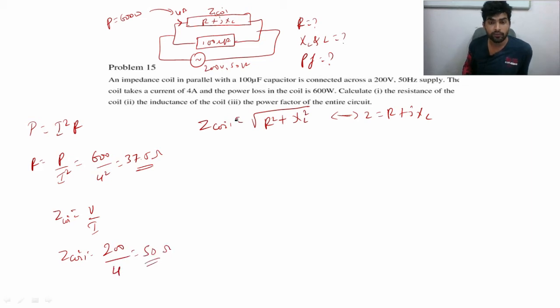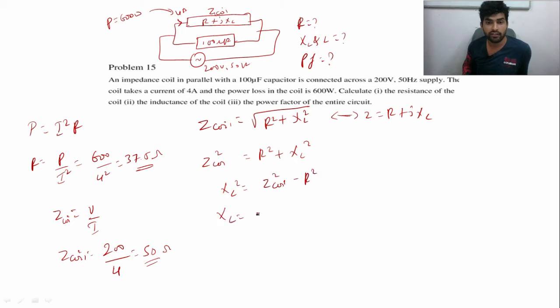Now I'll substitute over here. We want XL. Z coil square is equal to R square plus XL square. So XL square is equal to Z coil square minus R square, right?